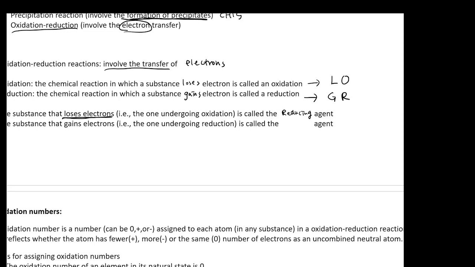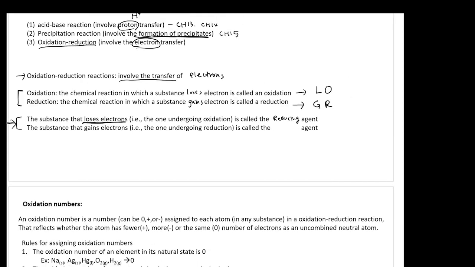On the other hand, if you have a substance that's going to gain electrons from your interacting partner, in other words, you oxidize your interacting partner, this kind of reagent we call the oxidation agent, or sometimes you'll hear the oxidant. On the top is the reductant.